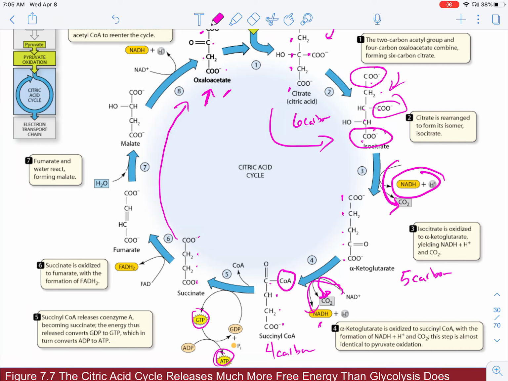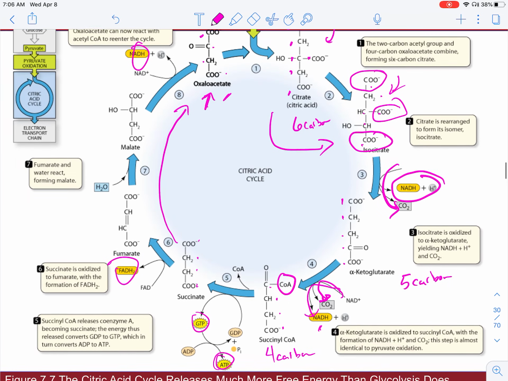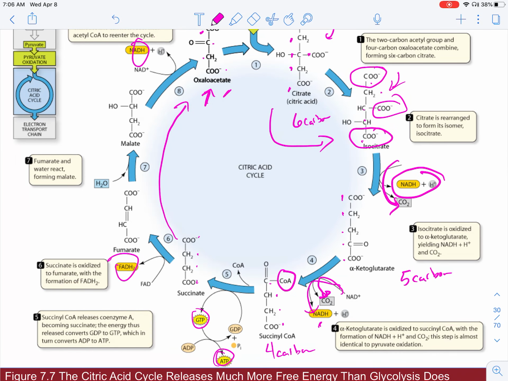And so here, once we get back to that four carbons, we're just pulling off the energy in the form of FADH2 and NADH to get a little bit more bang out of this process. And there we have it. We just got through the citric acid cycle.